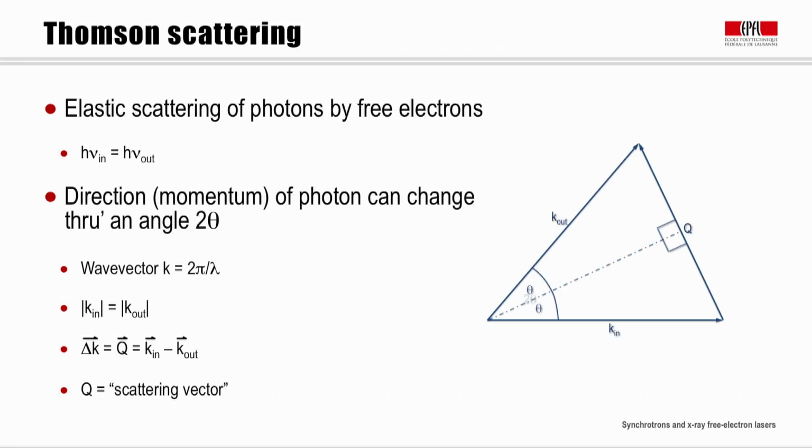The magnitude of q is easy to calculate as follows. Half of q is simply equal to k sine theta. It's a simple trigonometric relationship. I think we can all see that. Now, as k equals 2 pi upon lambda, q is therefore equal to 4 pi upon lambda sine theta.